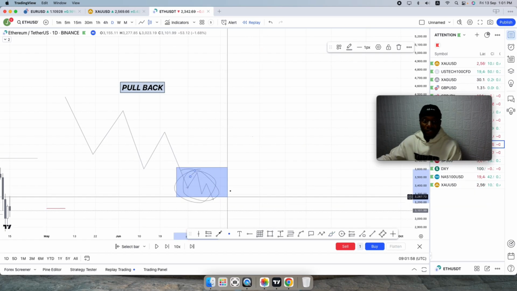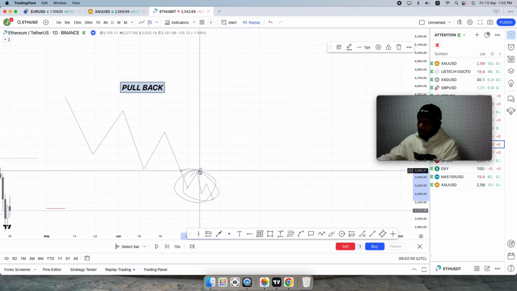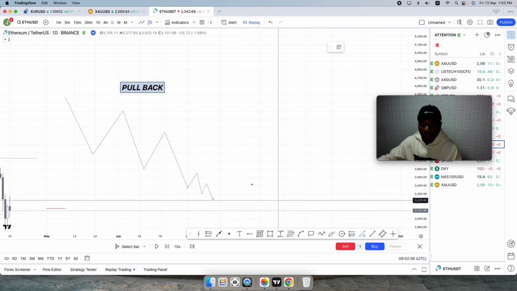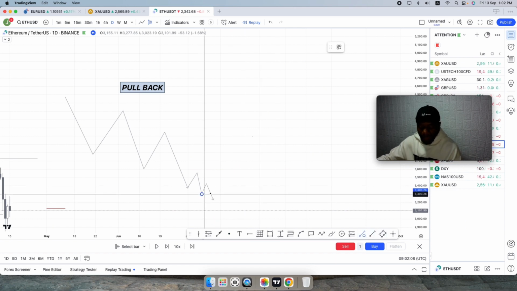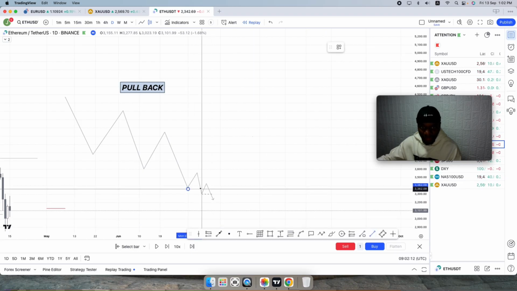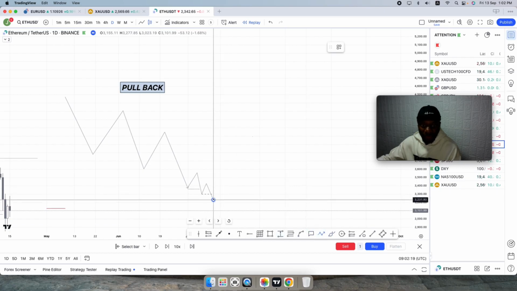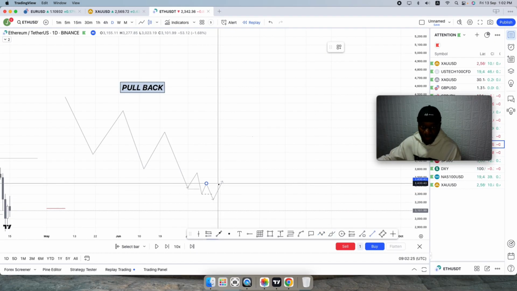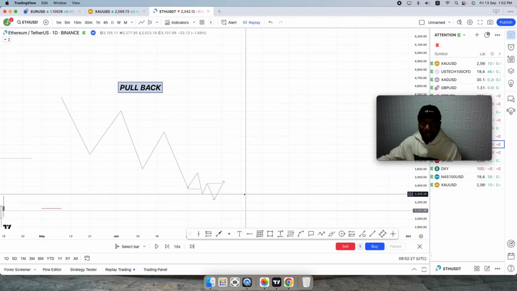So let's say this market is about to pull back right now. How will I know? Number one, my internal structure is also bearish. So if I see my internal structure behaving in a certain way, like taking this high out and giving me a change of character here, a change of character is a reversal.